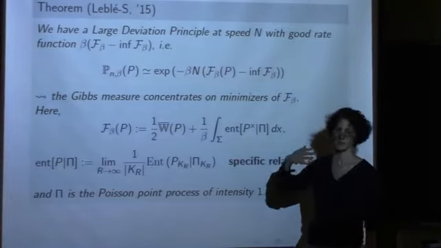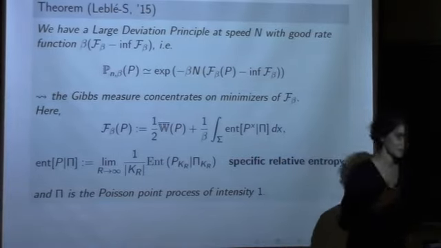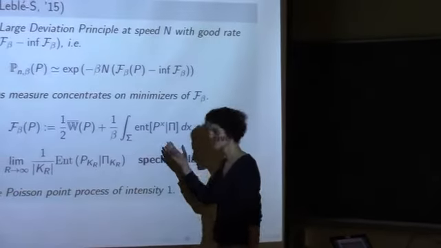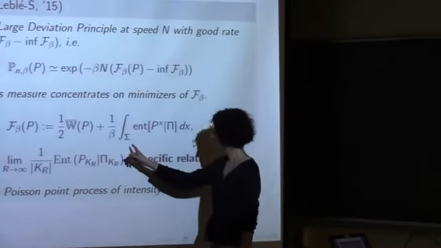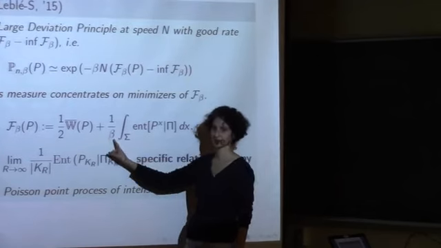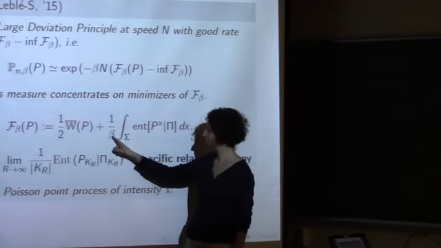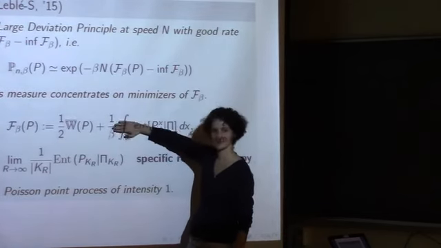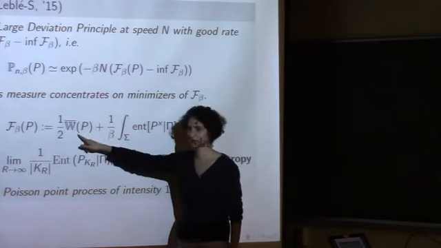So now that's what's happening to the generic configurations at positive temperature. They look like minimizers of this. And you see now it's a competition depending on beta, the temperature. If beta is very large, that means very low temperature, then this term essentially disappears, and what you want to do is minimize the energy.